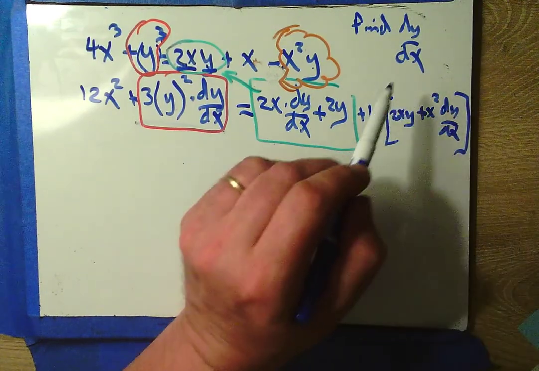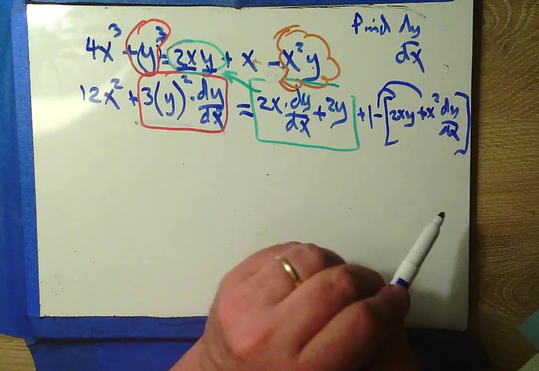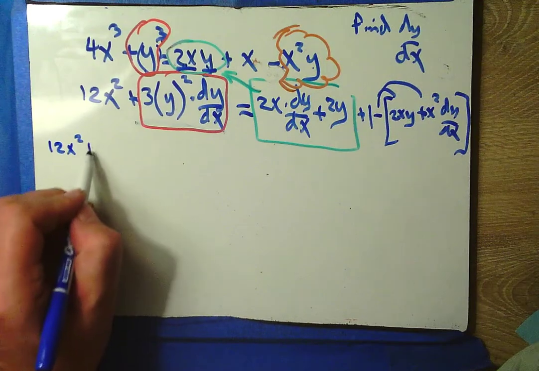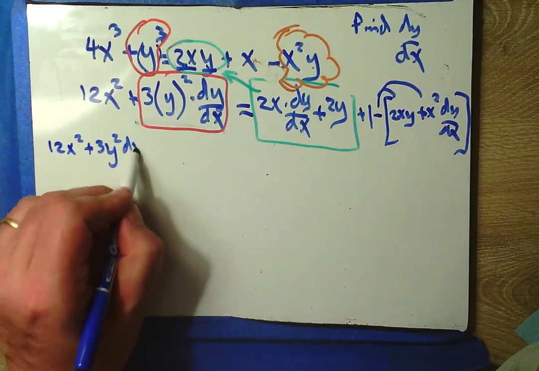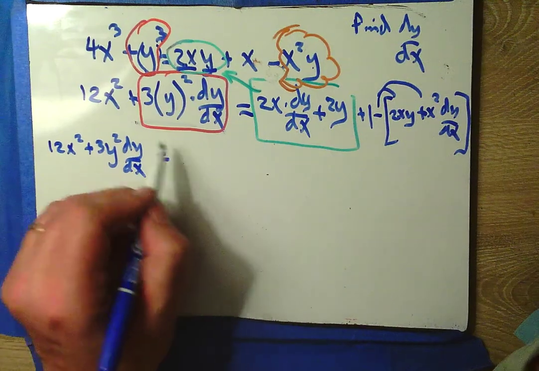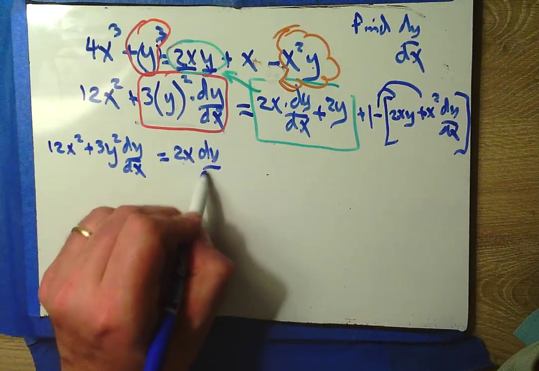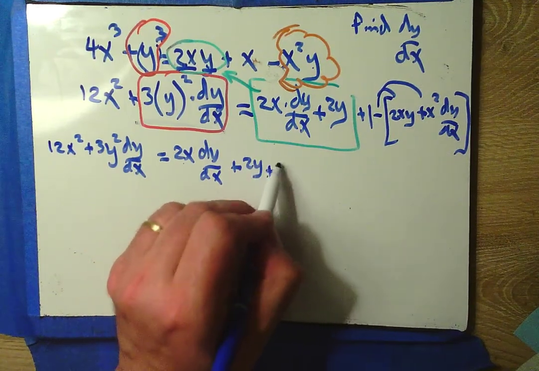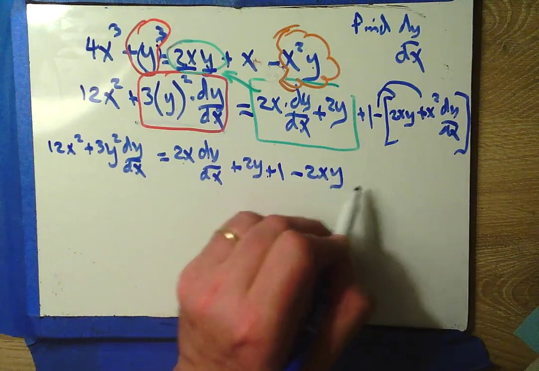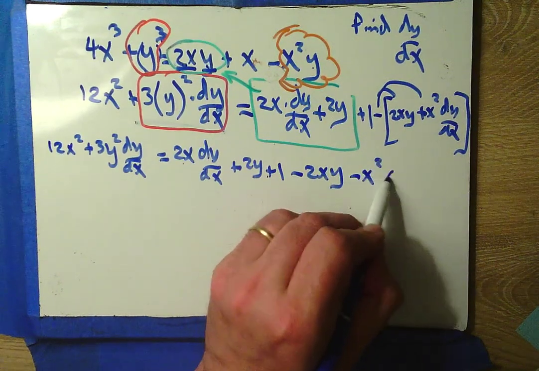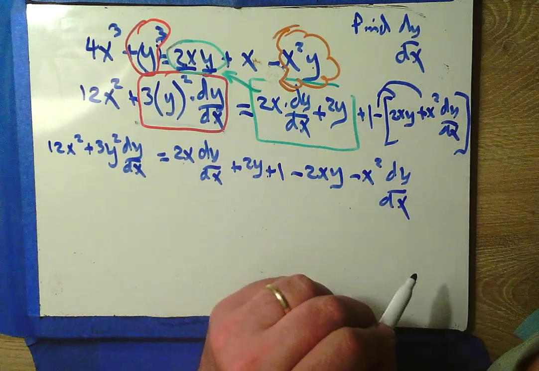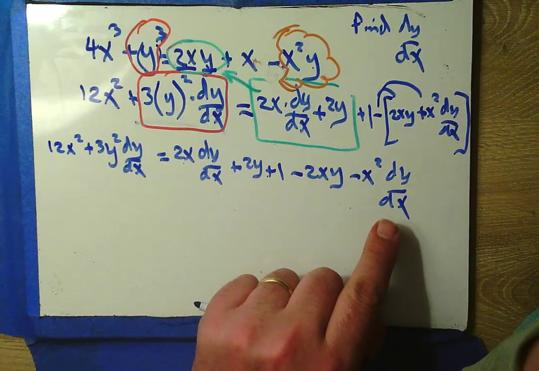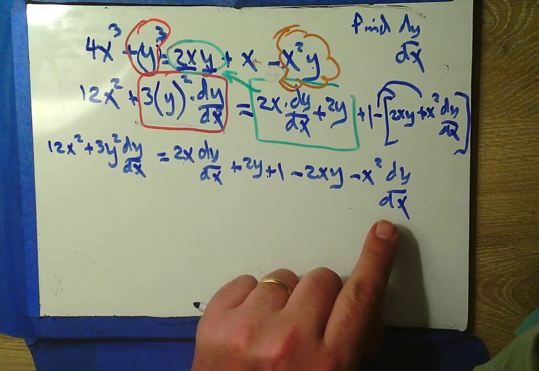Okay, so I need to distribute that negative, and that's going to give me 12x squared plus 3y squared dy/dx equals 2x dy/dx plus 2y plus 1 minus 2xy minus x squared dy/dx. So at this point, I want to move all the dy/dx's to one side and all the not dy/dx's to another side.